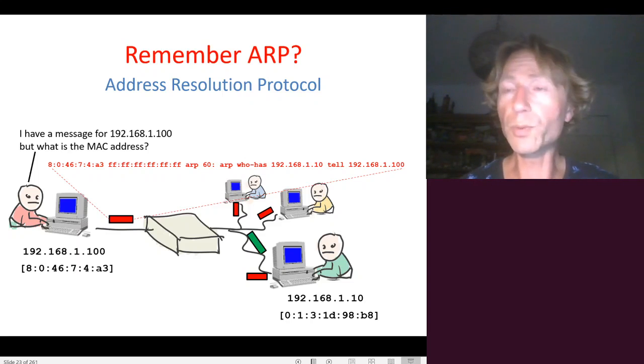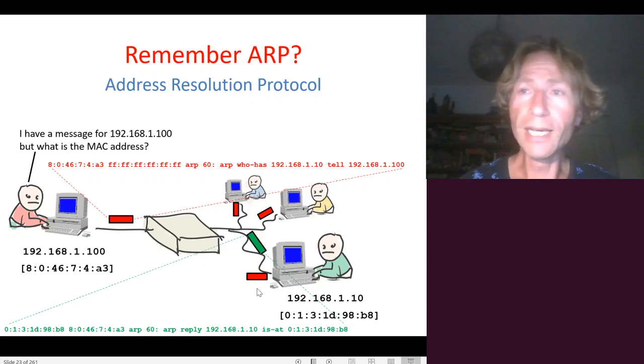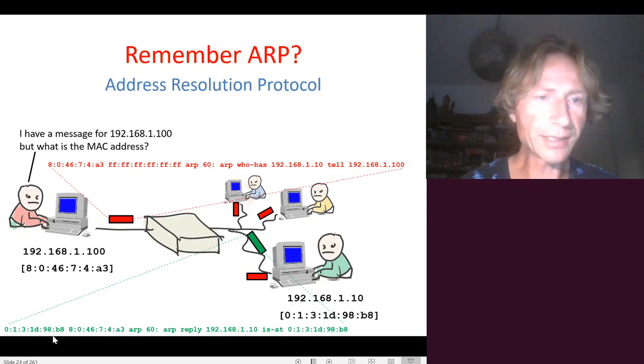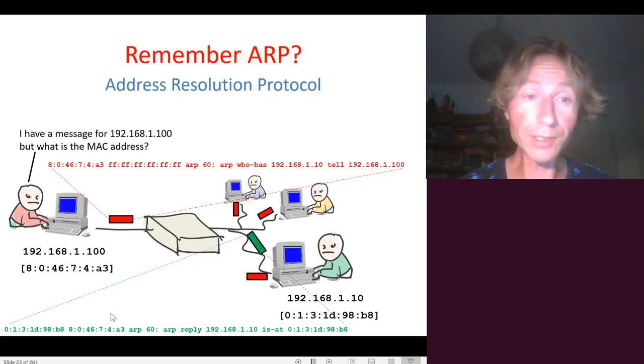Okay, so it will reply with an ARP reply. And the ARP reply is very similar to the ARP request. It contains the MAC address of the sender. It ends with B8 here. It has the MAC address of the receiver, right? So this particular machine. So we don't have to broadcast this one. It can go straight there. Why?